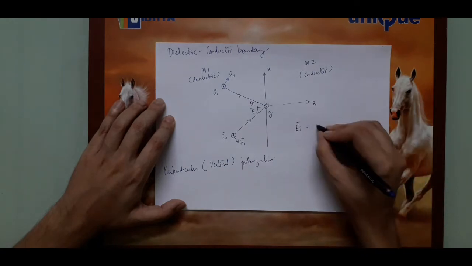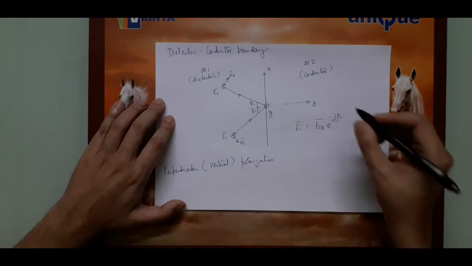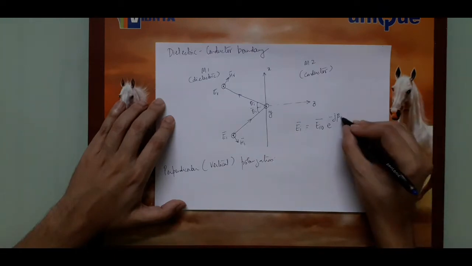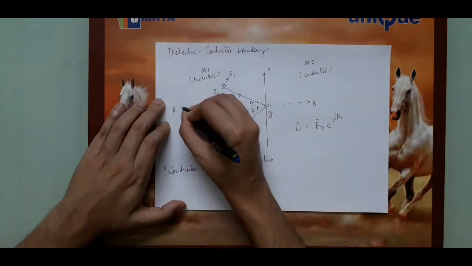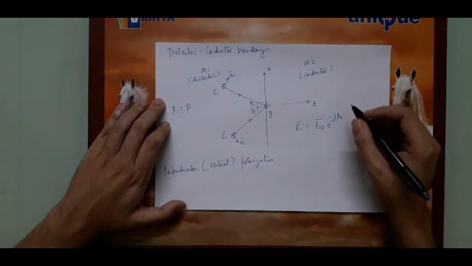So I can write EI bar is EI0 bar times e raised to minus j beta, or let's call it beta because there is no concept of beta in the metal. So let's say beta 1 is beta. There is no beta 2 for a metal.